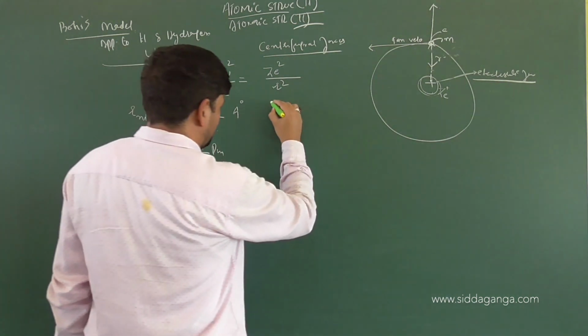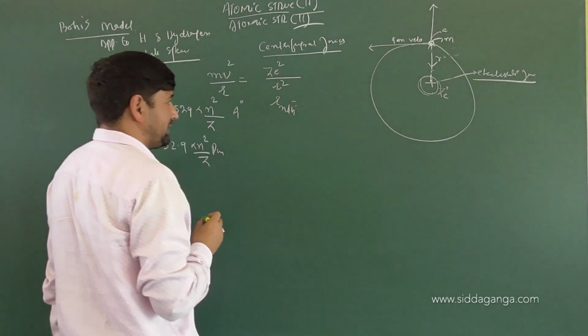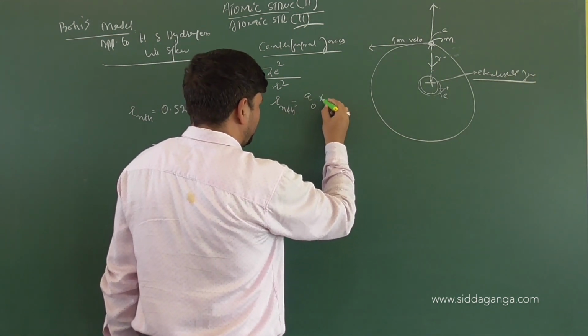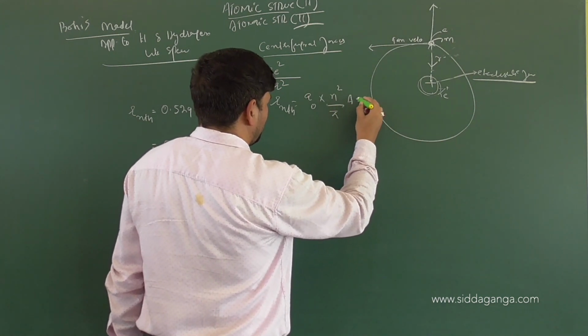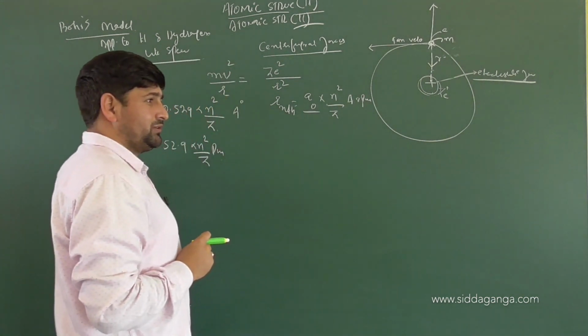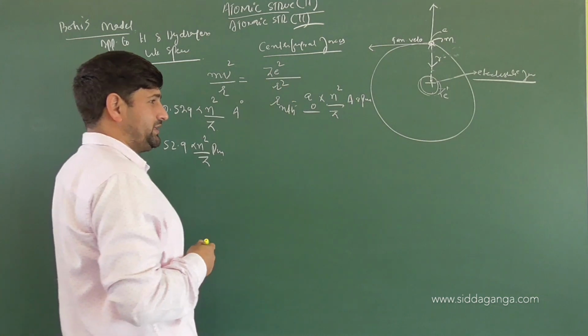That's why last time I told you, the radius of the nth shell of hydrogen atom from Bohr's model calculation comes equal to A0 into n square by Z angstroms or picometers, and this can also be written in meters. You can convert angstroms into meters, the multiplication factor will be 10 to the power minus 10.